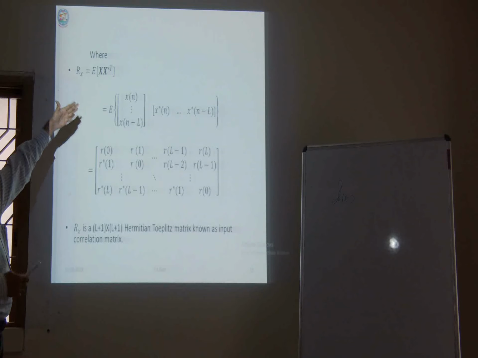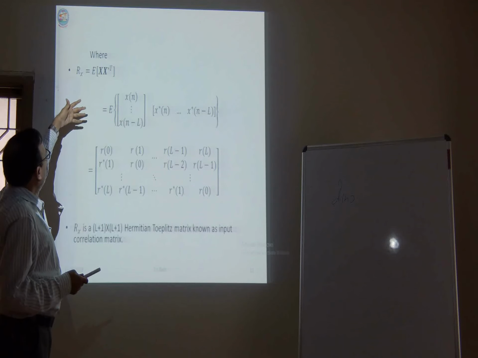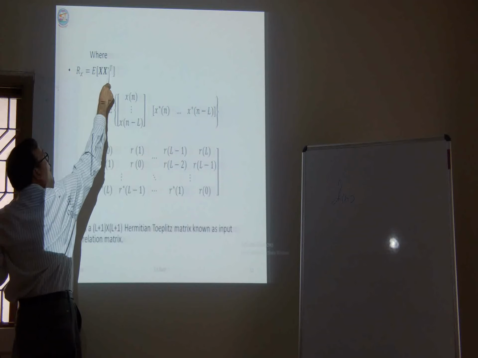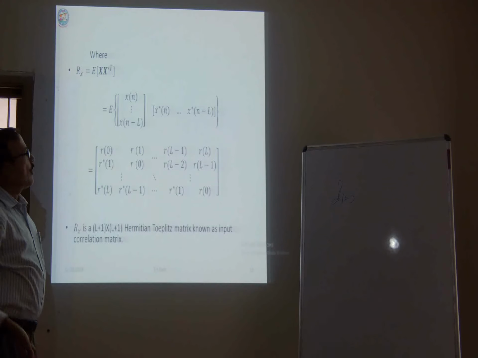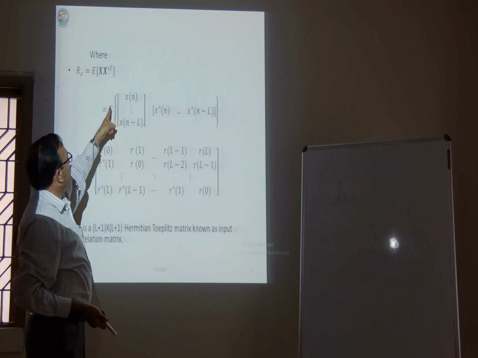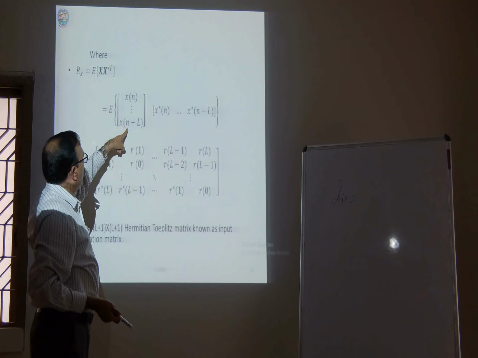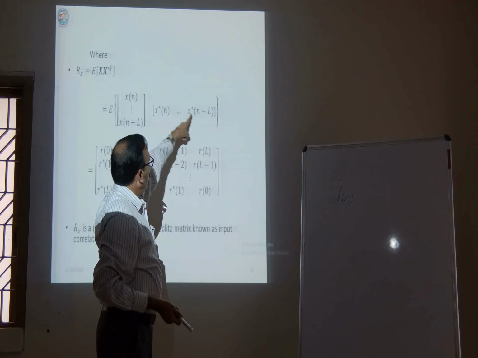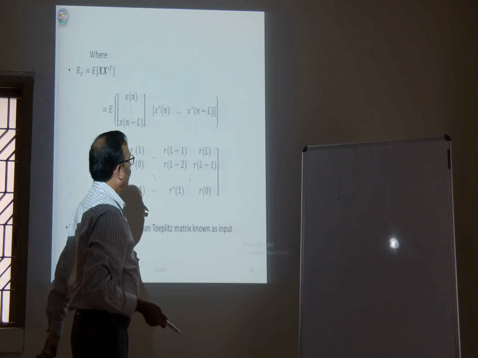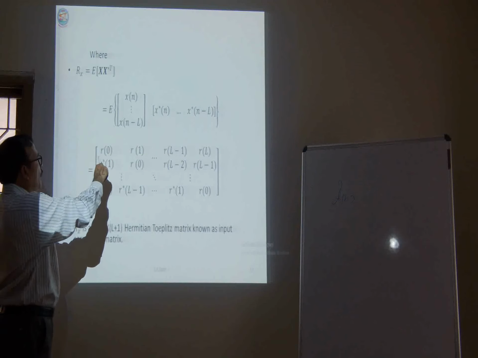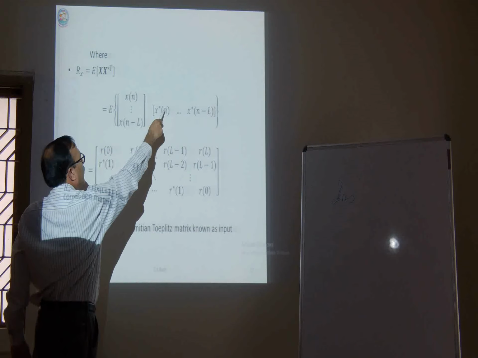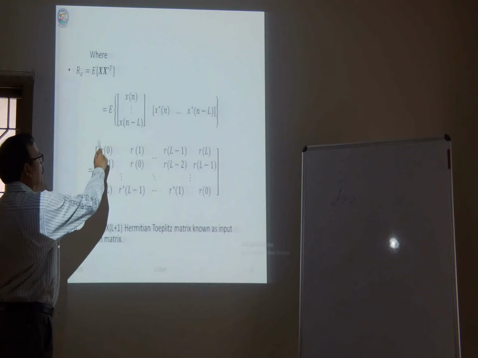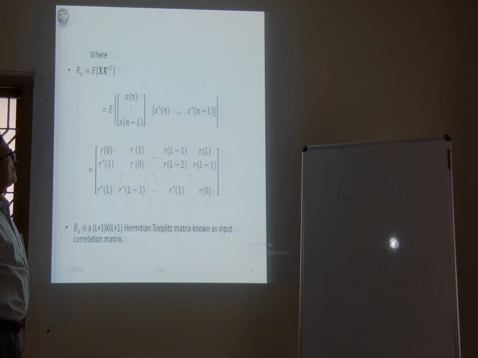Next. So here we see the same thing that I explained just now. So Rx is nothing but E of X, X complex conjugate transpose, that is the Hermitian transpose, equal to H. So here X is equal to Xn, Xn minus 1, Xn minus 2 up to Xn minus L. So it is the complex conjugate Xn, complex conjugate Xn minus 1, up to complex conjugate Xn minus L. So when we multiply, this one is multiplied by this one, Xn into X complex conjugate n, then expectation, so it gives the correlation at point 0.